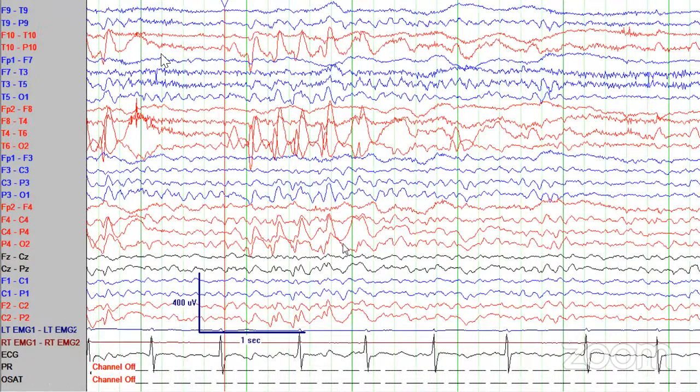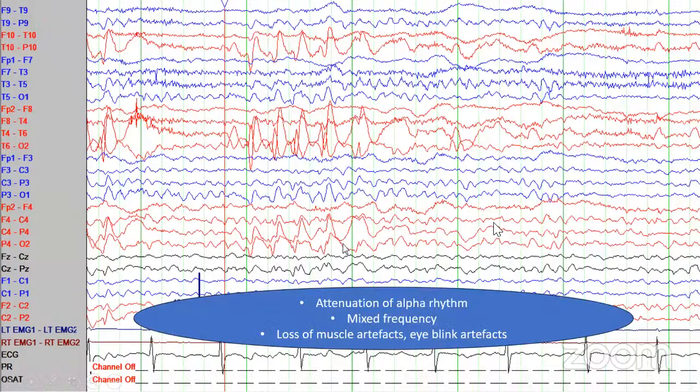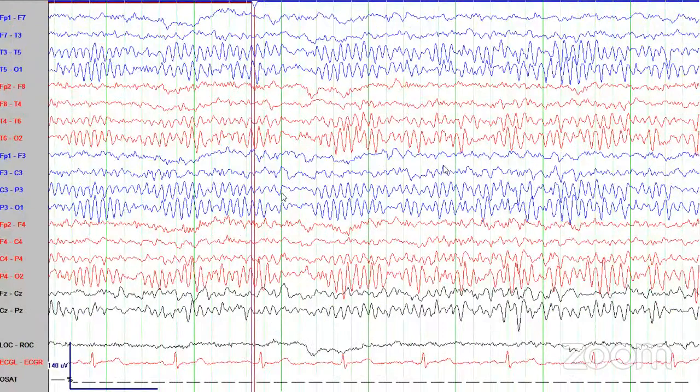That is why we are seeing this sinusoidal roving eye movement activity over the temporal electrodes. Plus, if we look at this area, the background does not appear to have so much of an anterior to posterior gradient and looks kind of mixed. So that was one example.